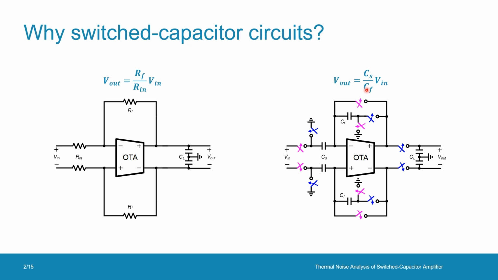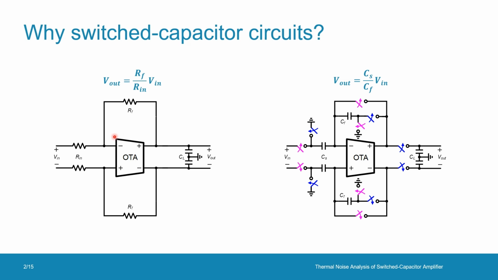Then I ask myself the question, why even bother to talk about this switched capacitor implementation if we have the resistive feedback amplifier already? So for the left one, something must be wrong, or at least not working properly from certain perspectives.